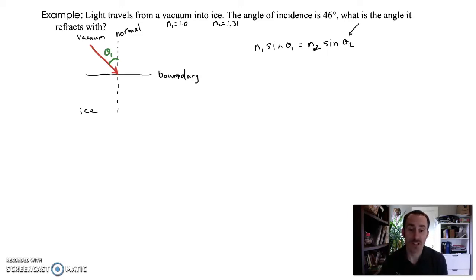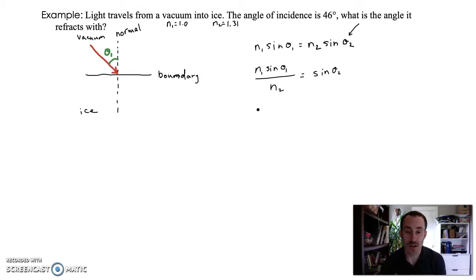So I'm going to divide by n2 to get the sine of theta 2 by itself. So n1 sine theta 1 divided by n2 is equal to the sine of theta 2. And then I'll have to inverse sine that to figure out what the angle of refraction is.